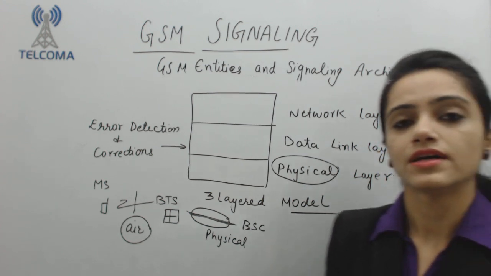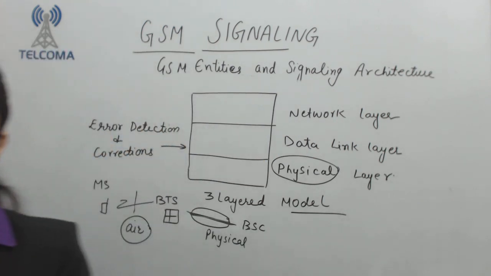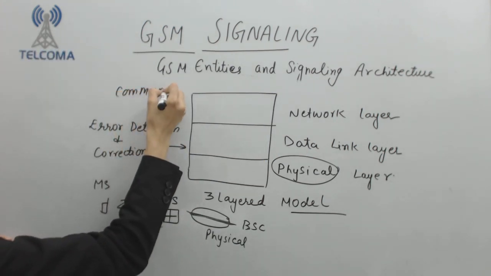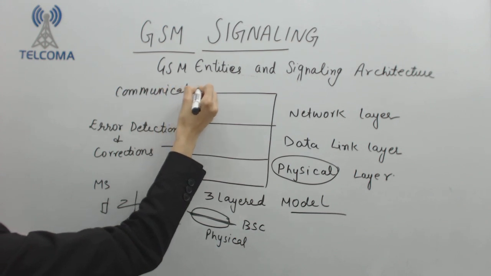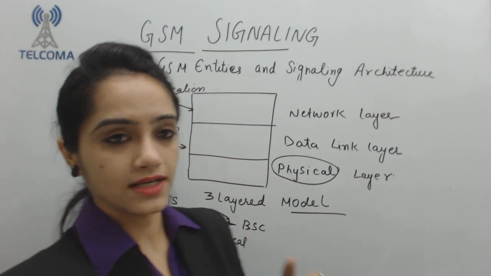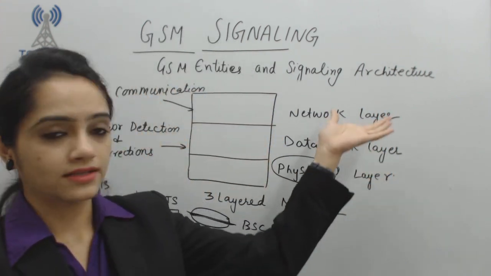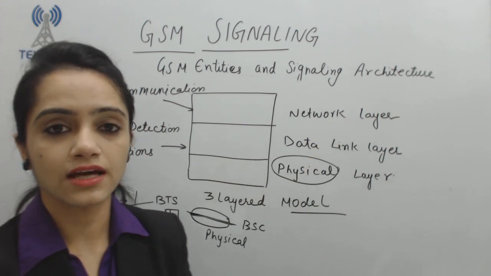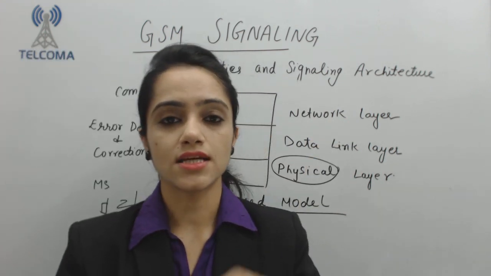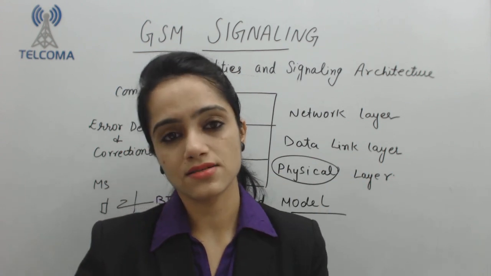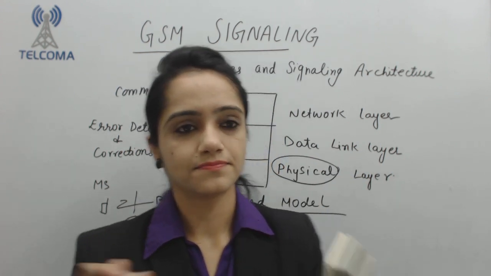And then we have the network layer, and this network layer is used for communication. So in each and every layer, layer 1, layer 2, layer 3, we can see the messages flowing with the help of software. We can see the layer 3 message, layer 2 analysis. So like this we have analysis of layers.